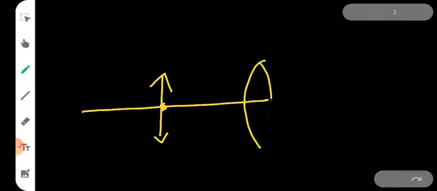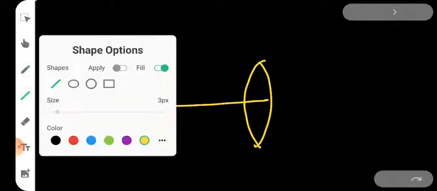So this is the lens and this is the principal axis, and if this is the object, not all the points of the object are on the focus, only the point that intersects with the principal axis is on the focus. And I'm going to draw the image of this point only.